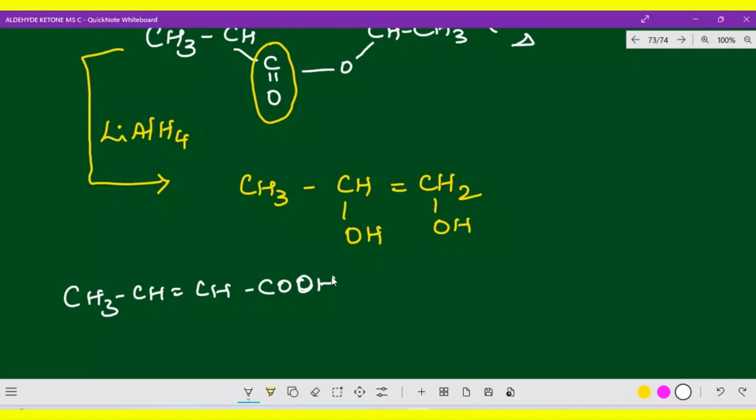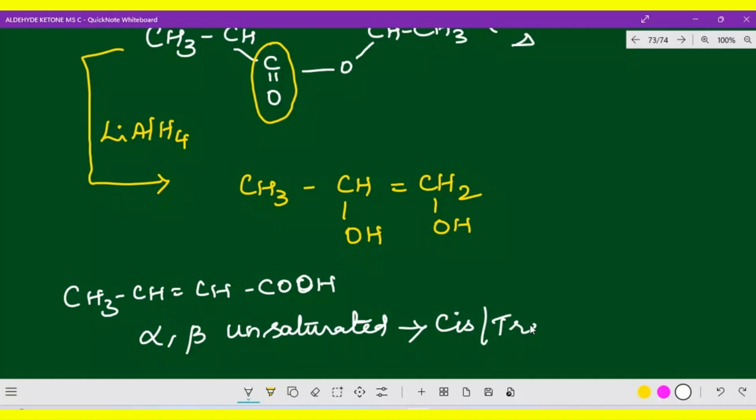This is crotonic acid. Crotonic acid is an alpha beta unsaturated system, which can exhibit cis and trans isomerism, right?